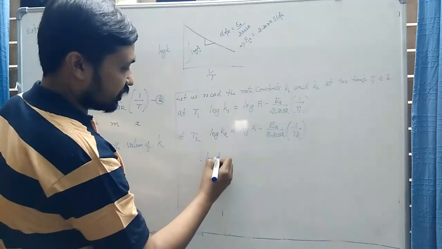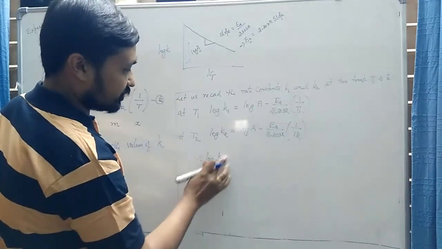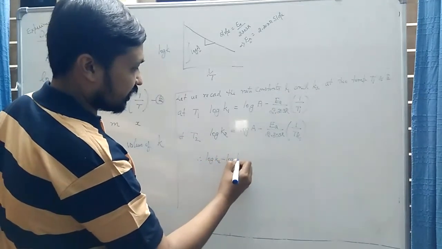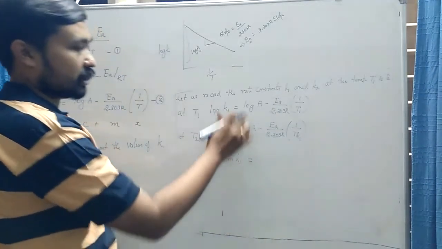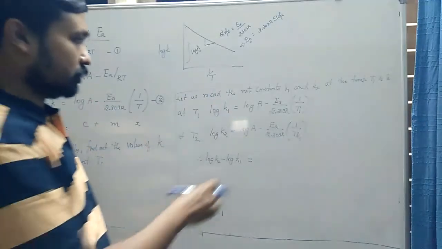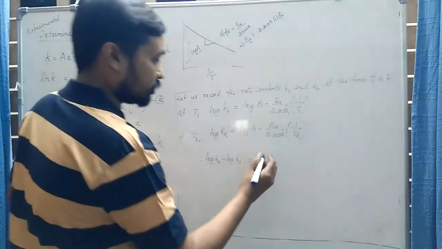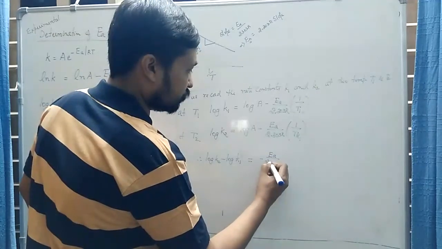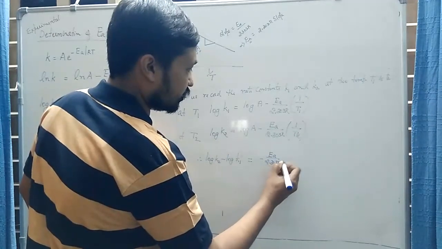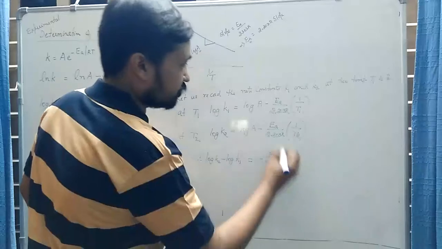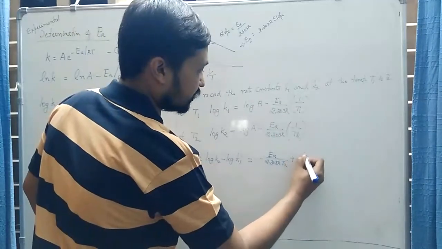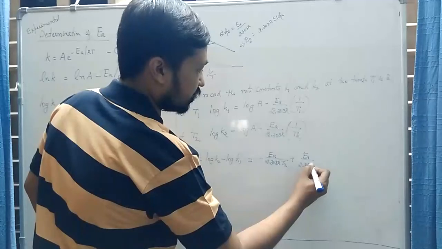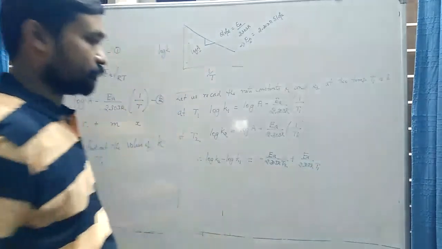Therefore log K2 minus log K1 is equal to log A minus log A becomes 0. This term minus this term is minus EA divided by 2.303 R into T2 minus of minus plus EA divided by 2.303 R into T1.